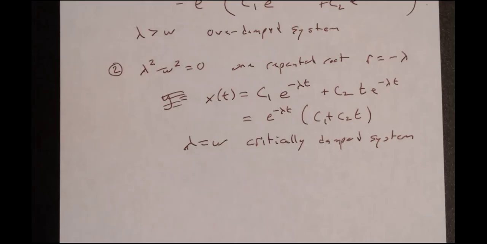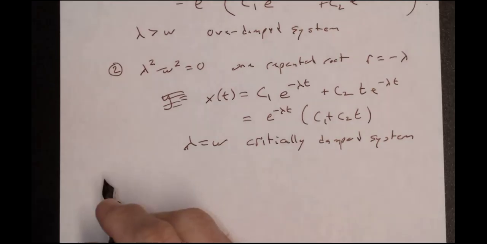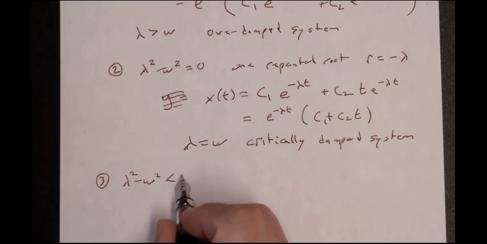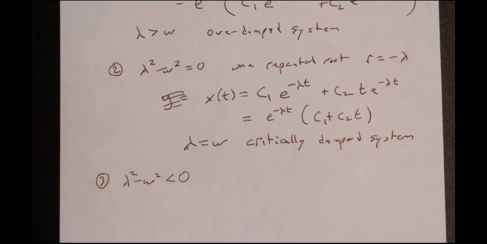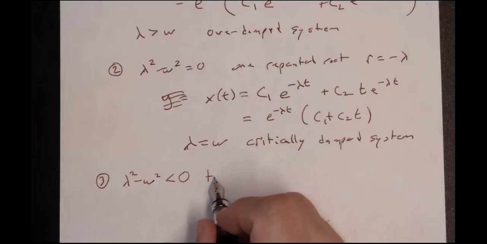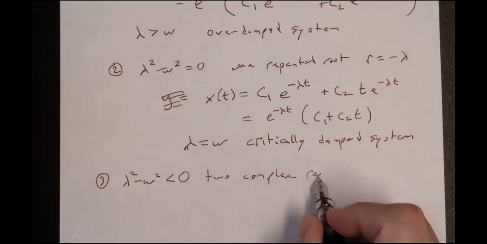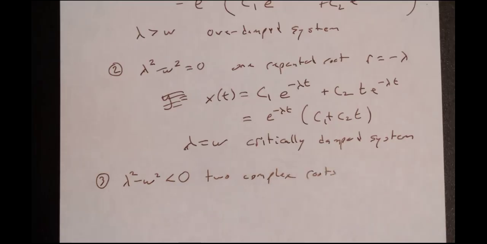What if it's complex? What if we have lambda squared minus w squared is negative? I get two complex roots. Oh boy. All right, wait a second.